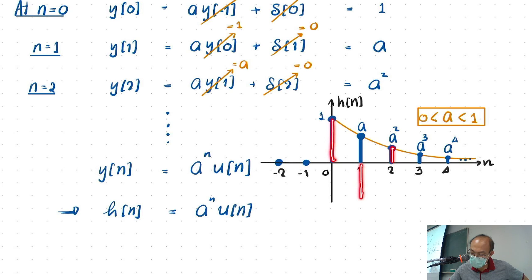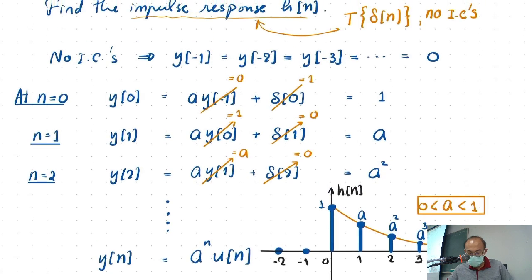It will go back and forth between positive and negative values. If A is negative, then h will be positive when n is an even number, and h will be negative when n is an odd number. But here A is positive, so h will always be positive. Okay.